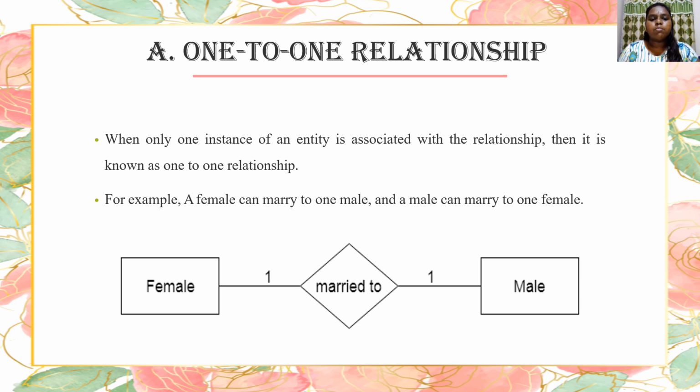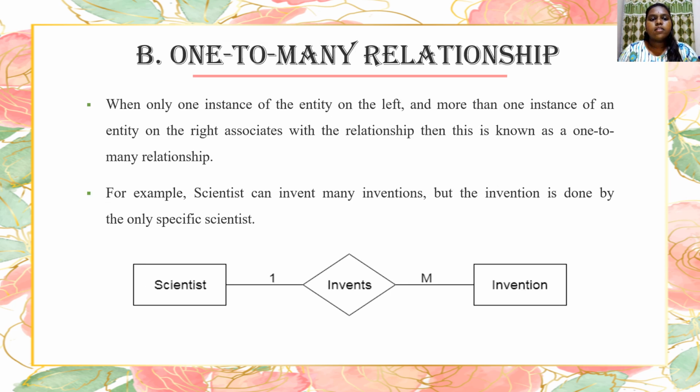One-to-one relationship. When only one instance of an entity is associated with the relationship, it is known as a one-to-one relationship. For example, a female can marry one male, and one male can marry one female. One-to-many relationship.